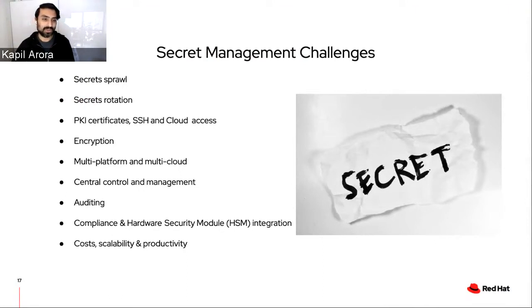As Kevin mentioned, you also need to think about encrypting all your secrets at rest and also during their transit. And you don't only have secrets in an OpenShift or Kubernetes environment. You have secrets all around the place. If you're running an application in a VM, it needs secrets. If you're a multi-cloud adopter, you have OpenShift running in multiple clouds, or you have applications running in different clouds.